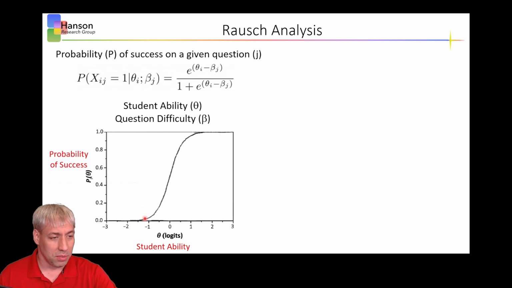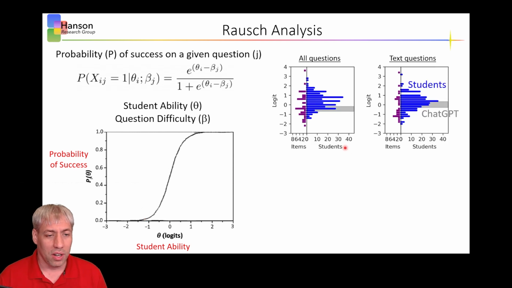Rasch modeling allows us to fit all the questions and all the students and compare their ability versus question difficulty. We get a graph that looks like this, also known as a Wright plot. In these graphs, we have student ability in blue and question difficulty in purple, and you can see how the student ability and question difficulty align.